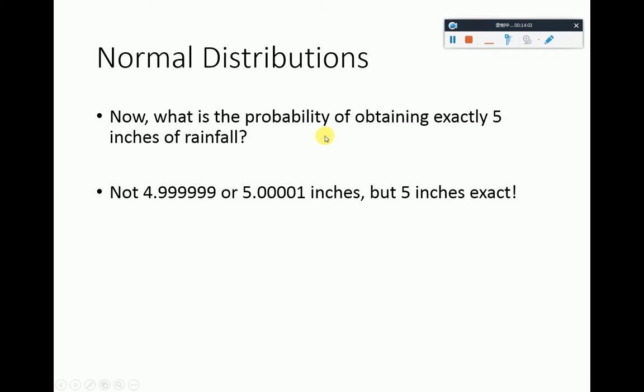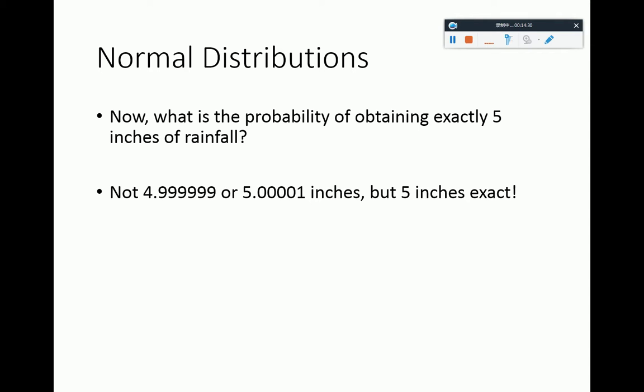That means I'm not asking for the probability of observing 4.999999 inches or 5.00001 inches. I want exactly 5 inches. I want to know the probability of observing 5 exact inches.